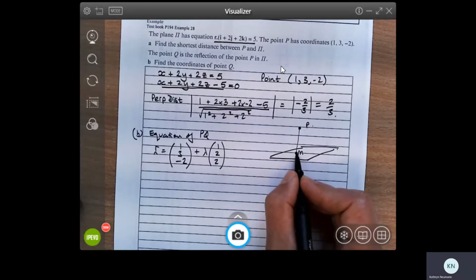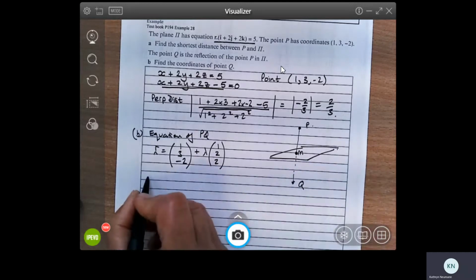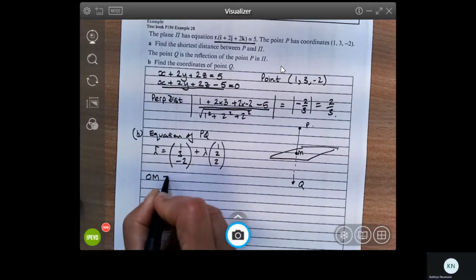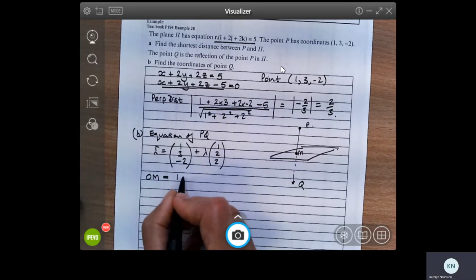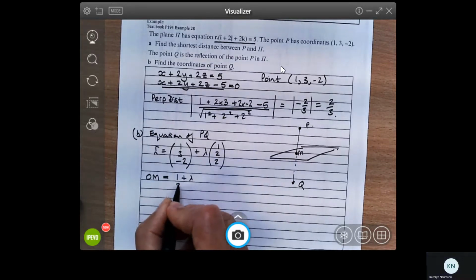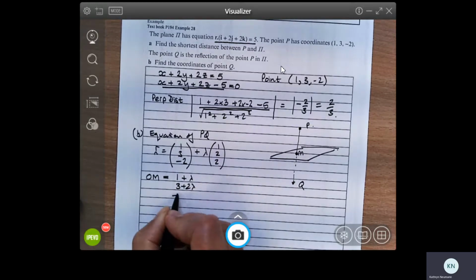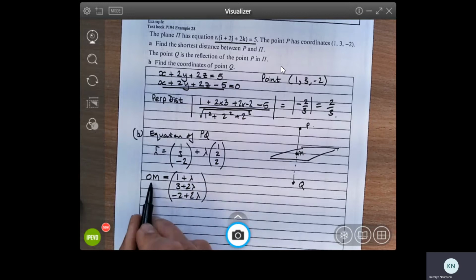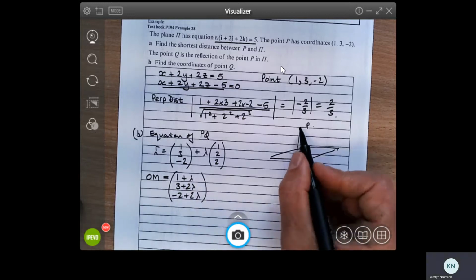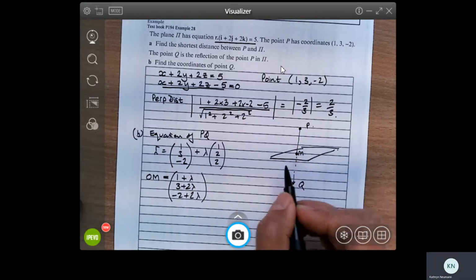We know that M is on the plane and M is on the line. So if M is on the line, OM is equal to a general point on the line, which is 1 plus lambda, 3 plus 2 lambda, minus 2 plus 2 lambda. And we know that M is also on the plane.